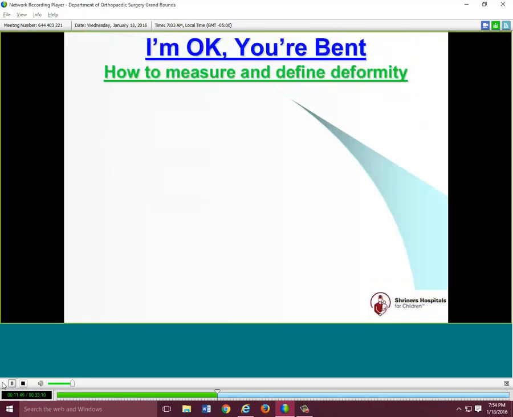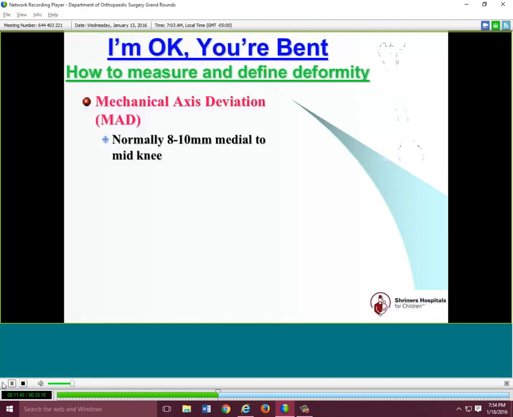All right, so how do we now measure and define deformity? So we can start off by looking first at our mechanical axis deviation. So normally the mechanical axis lies about 8 to 10 millimeters medial to the mid-knee, or essentially through the mid-knee and up to a little bit medial to it. You see on this child here, we draw a mechanical axis, and it lies quite far lateral to the middle of the knee.